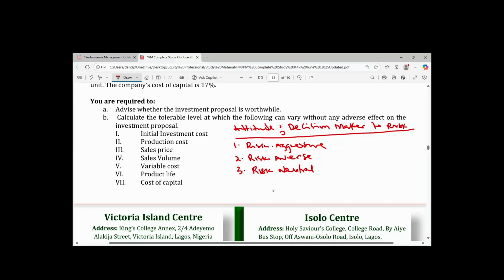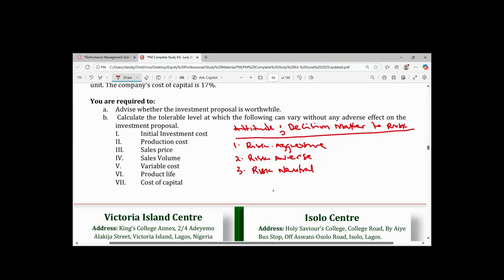I repeat, a risk taker or risk aggressive individual seeks to maximize return by taking a higher risk to achieve the higher return. The second one is risk averse. A risk averse individual does not like risk and will select the alternative with a lower risk and lower return.